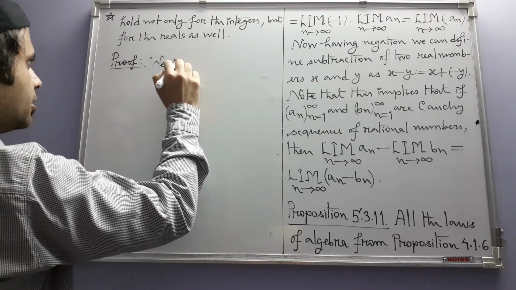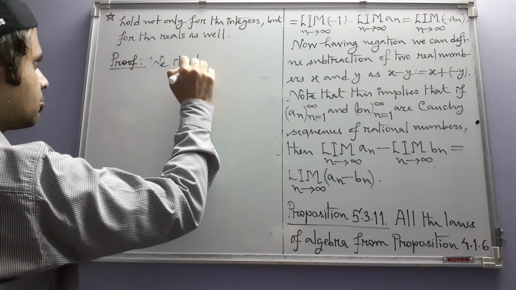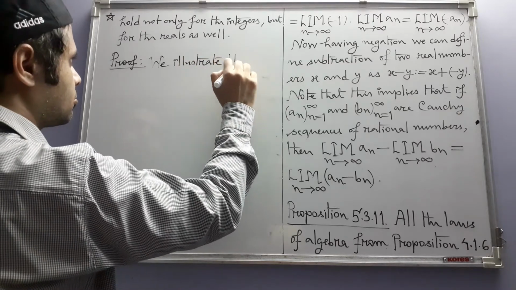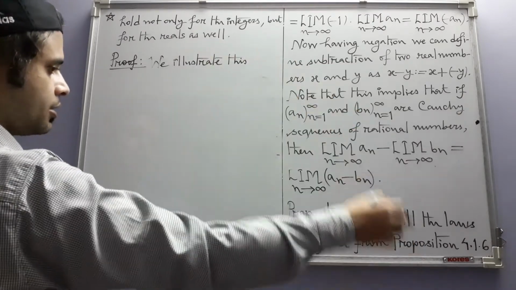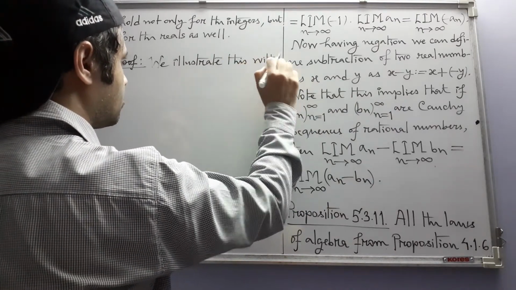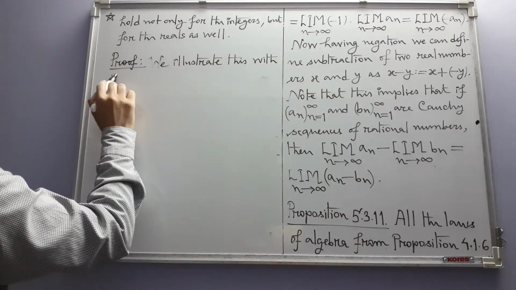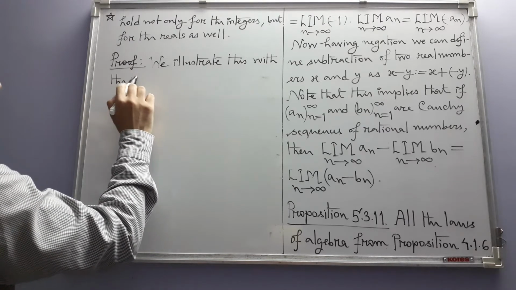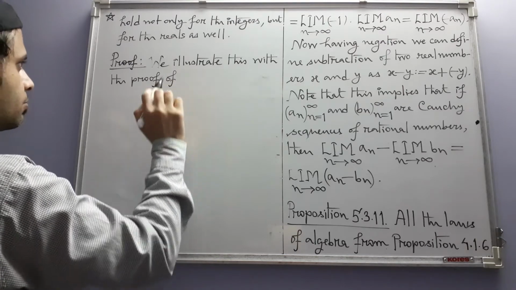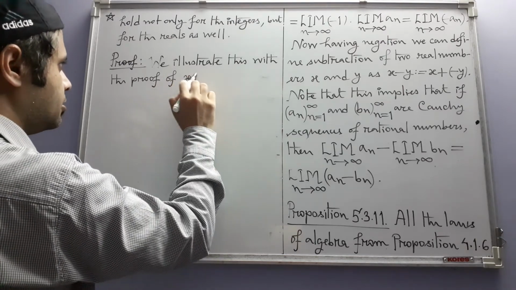We illustrate this statement with the proof of this identity: x times y plus z equals xy plus xz.